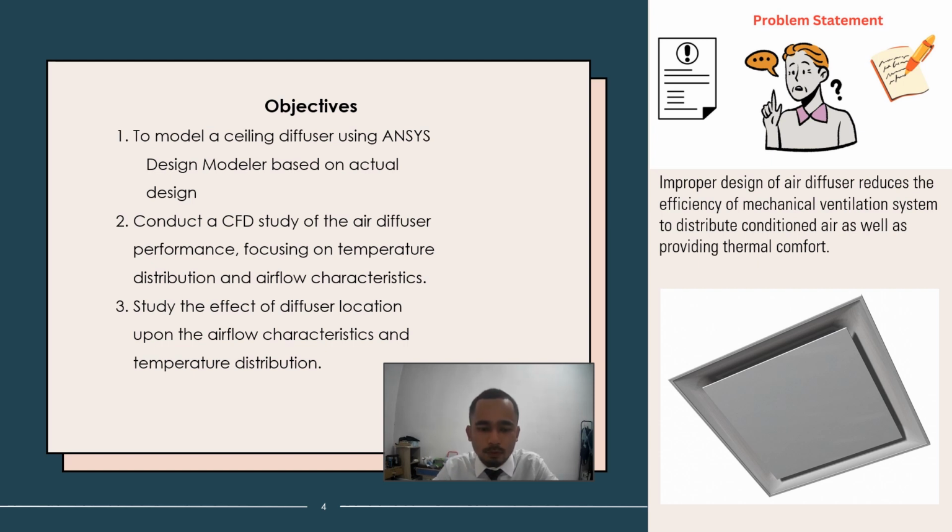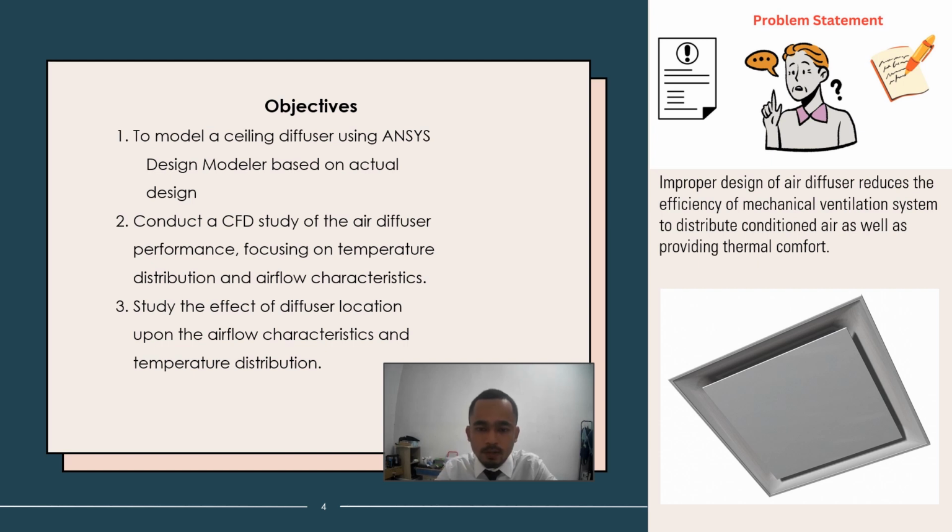The last objective is to study the effect of diffuser location upon the airflow characteristic and temperature distribution. So the parameters are just the same, airflow characteristic and temperature distribution. The only manipulated variable is the location of the diffuser in the room.